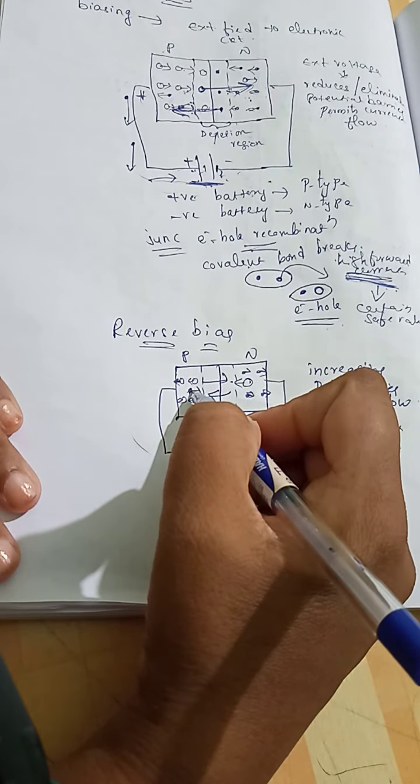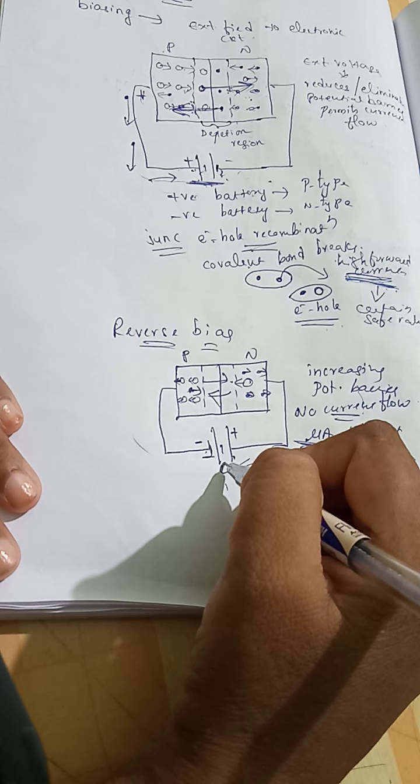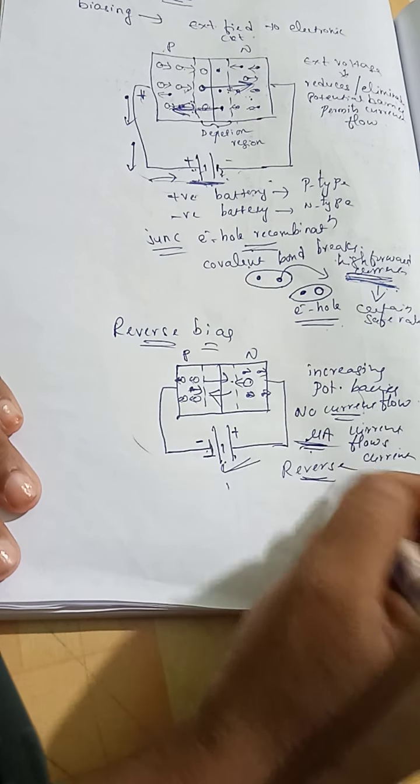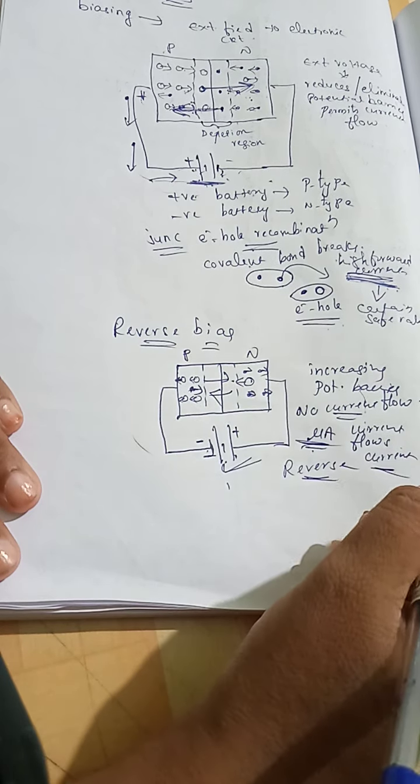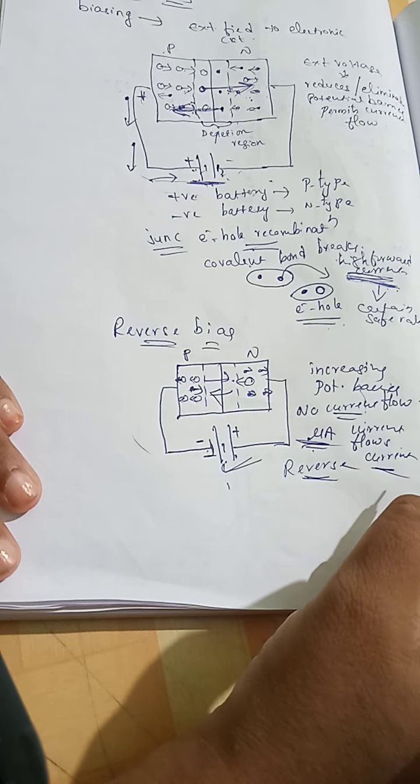In such a way, the microampere current flows, and this current we call reverse current. If we go on increasing the external reverse voltage, the reverse current also increases and reaches a certain saturated value.